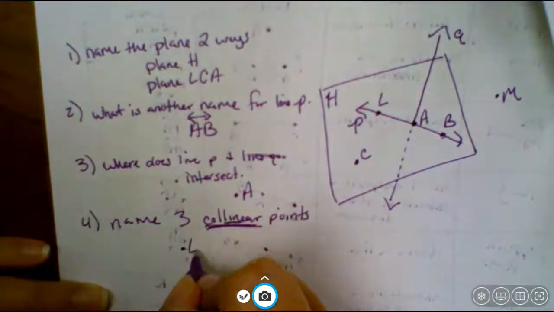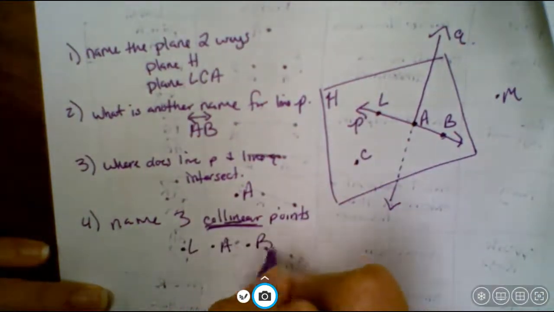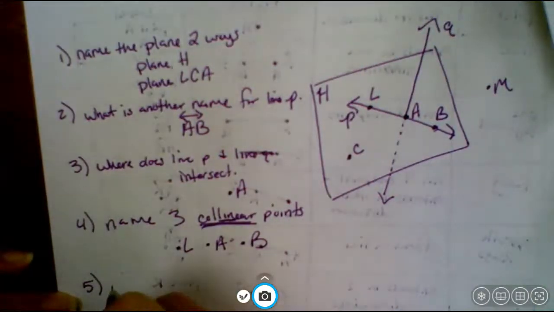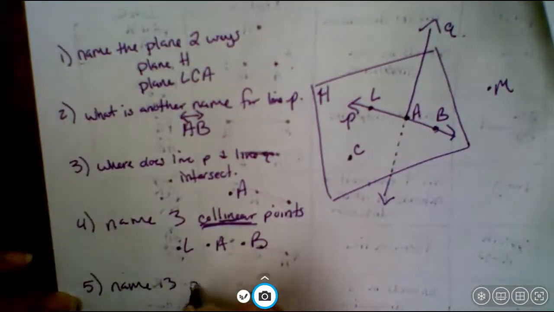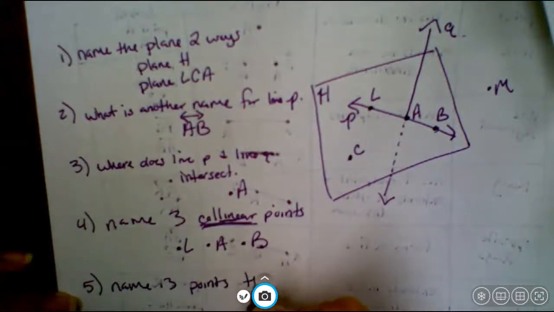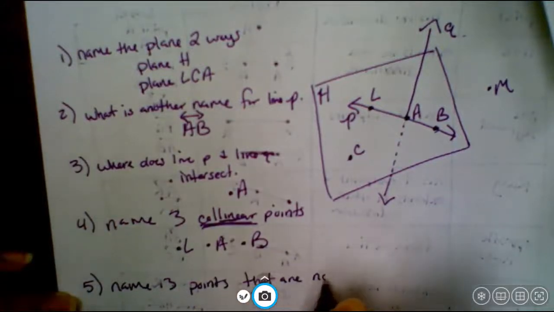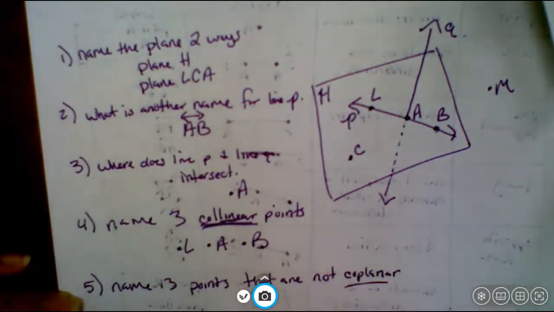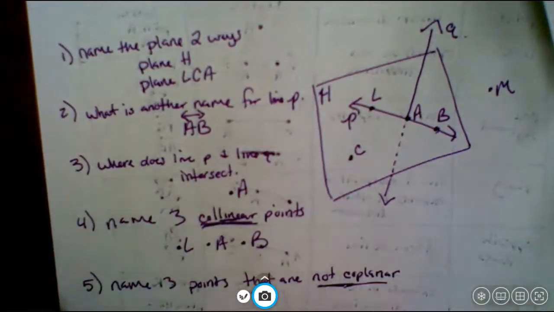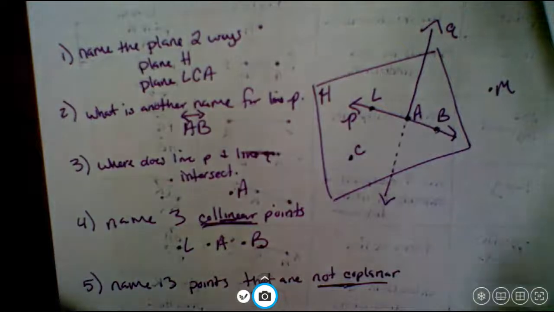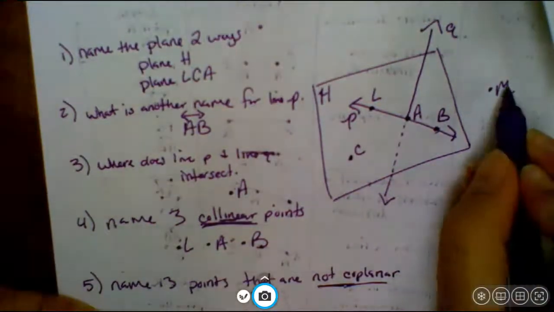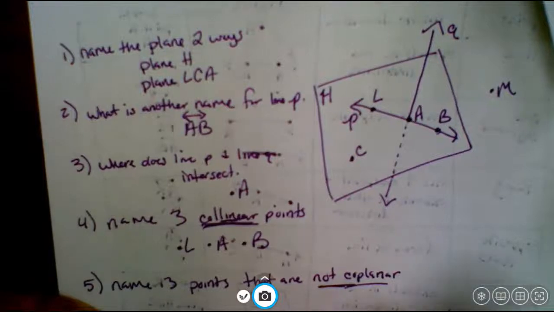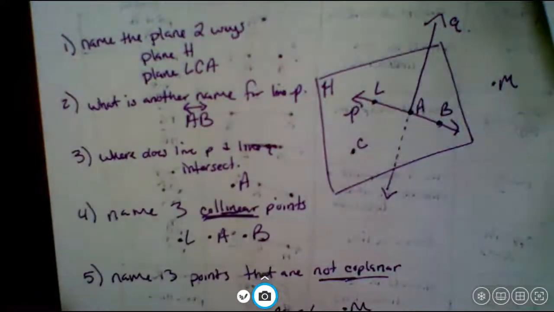So we have point L, point A, and point B. Number 5, name 3 points that are not coplanar. So coplanar means they're on the same plane. Not coplanar means they're not on the same plane. So if I look up at that top, M is the only one that's not on the plane. So name 2 that are in the plane and then include M since he's not in the plane.